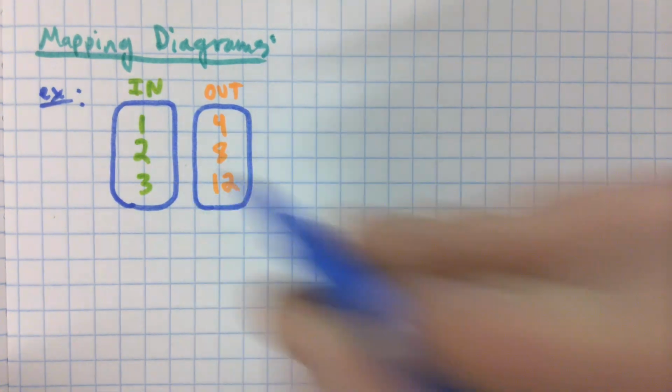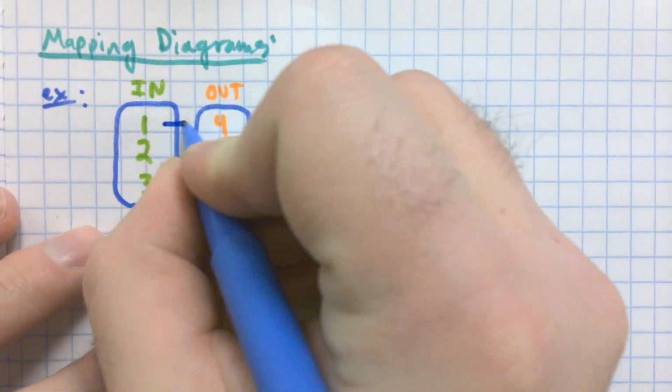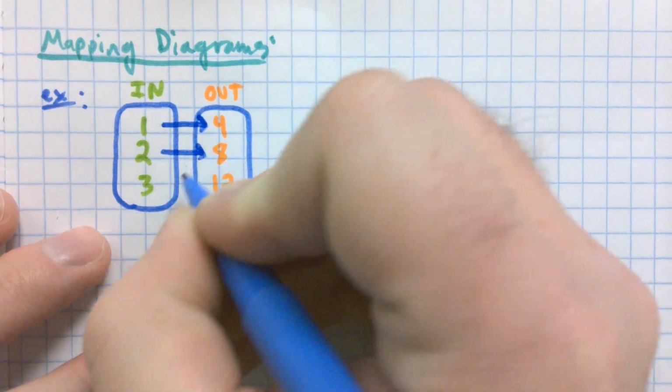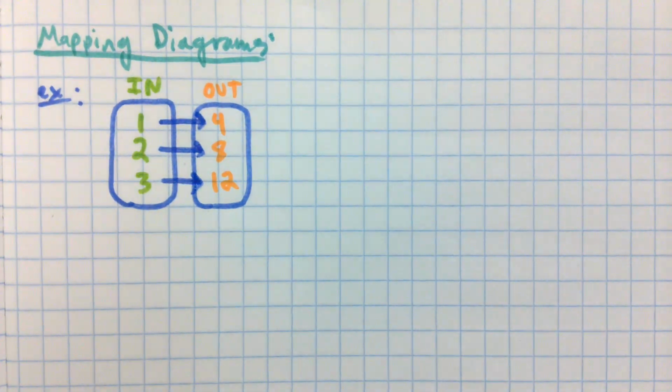And what you're going to see with mapping diagrams is these little arrows going from one input to one output.